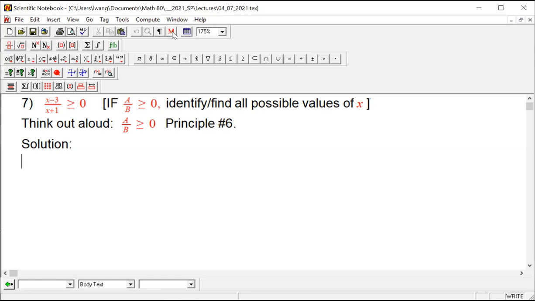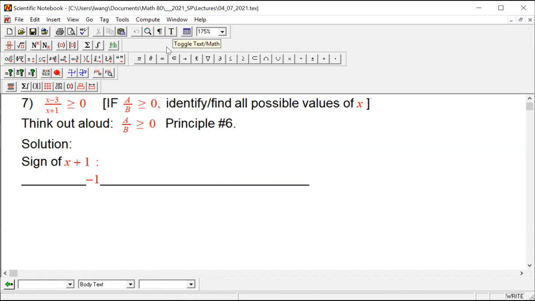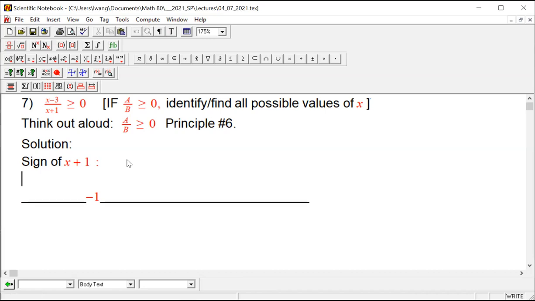And we will look at the sign of x plus 1. The sign of x plus 1 changes sign at -1. And x plus 1 is negative when we pick any number less than -1 and plug in.